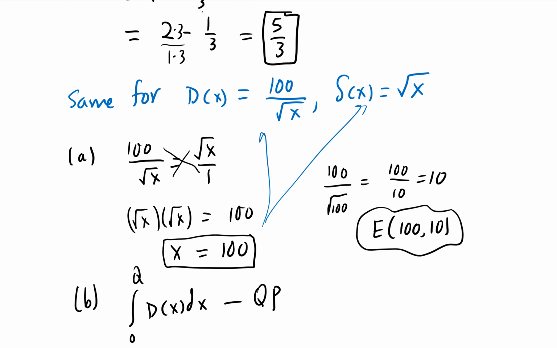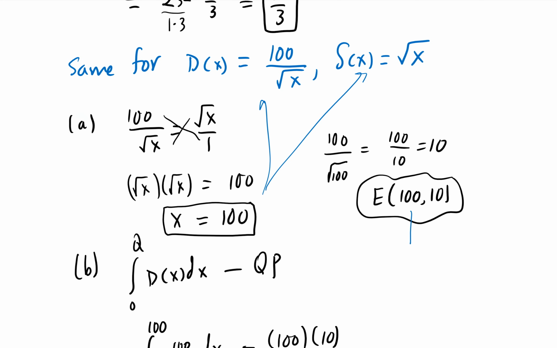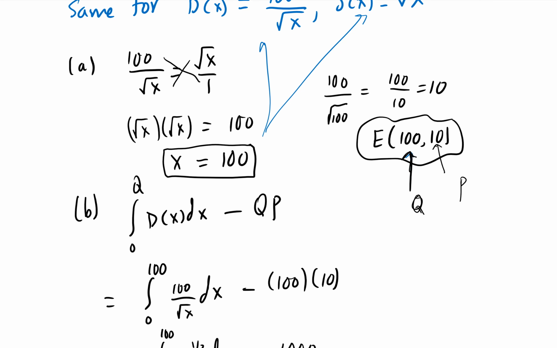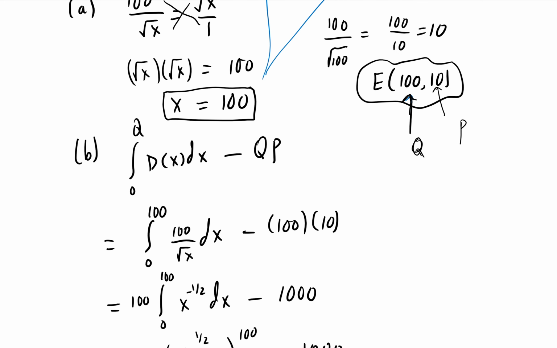So again, this value is the Q value, and this is the P value. Q and P. So we're gonna substitute those in here in the integral, 100 over square root of x dx minus 100 times 10. Take the 100 out, x to the negative 1/2.